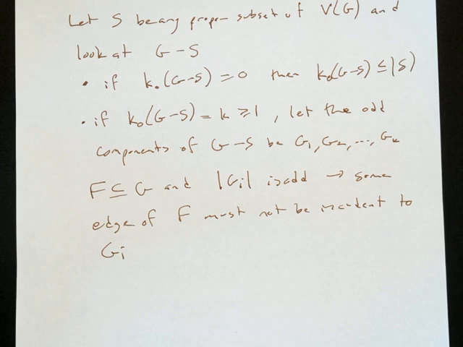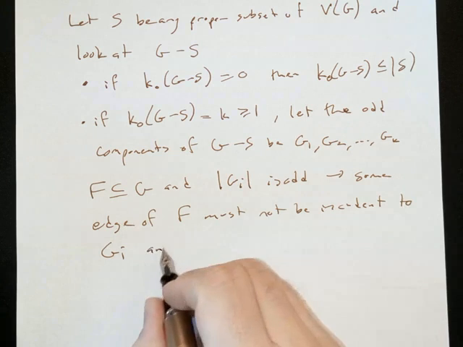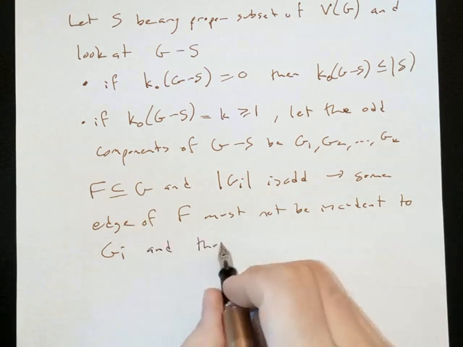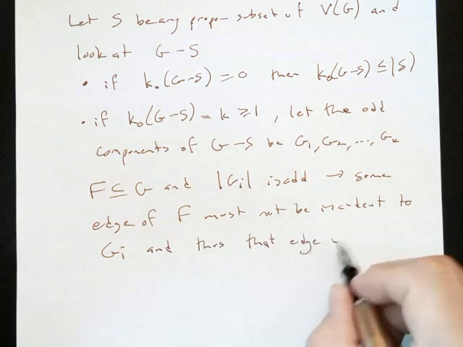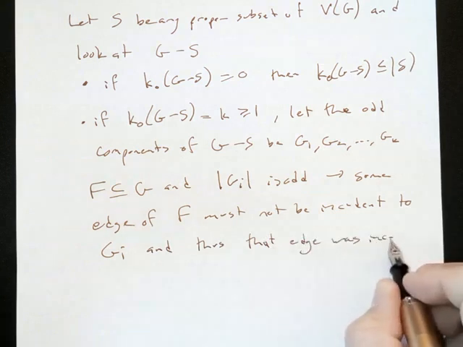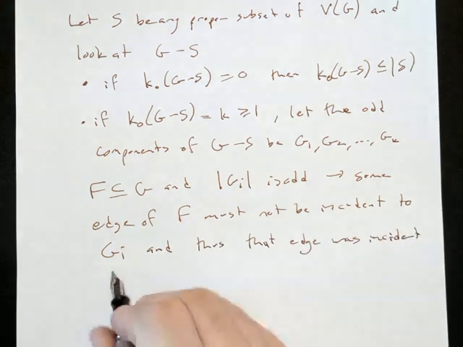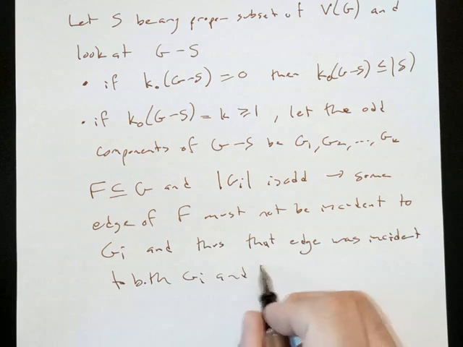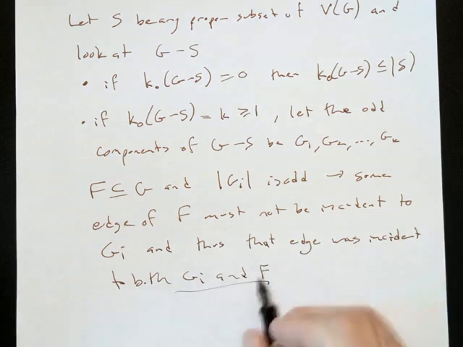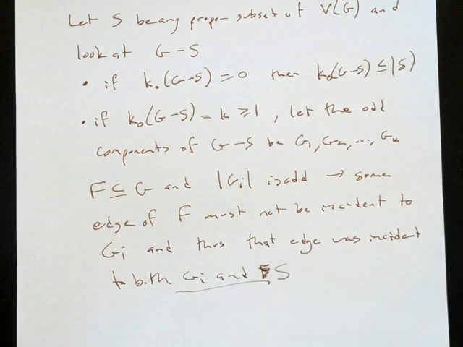Otherwise, there would be an even number of vertices in that component because I have a perfect matching within that component. I'm not F, S.